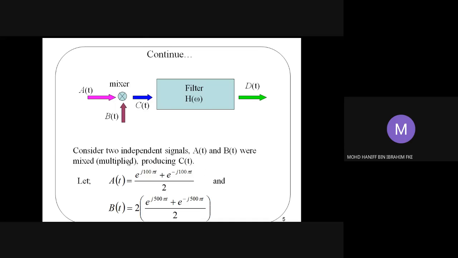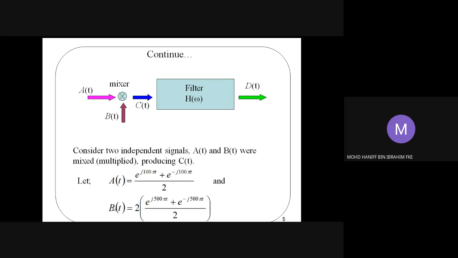This is based on cosine terms: a(t) is a cosine term, and the same for b(t), but with a different frequency. So a(t) is exponential j 100 pi t plus exponential negative j 100 pi t, divided by 2, while b(t) is 2 times exponential j 500 pi t plus exponential negative j 500 pi t, divided by 2.